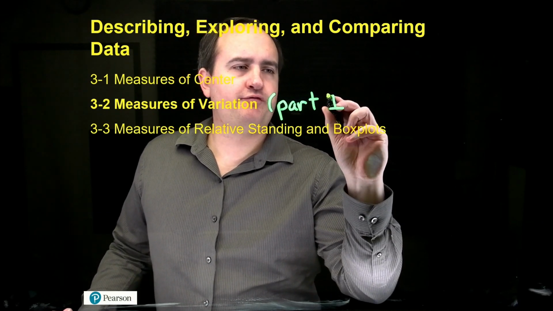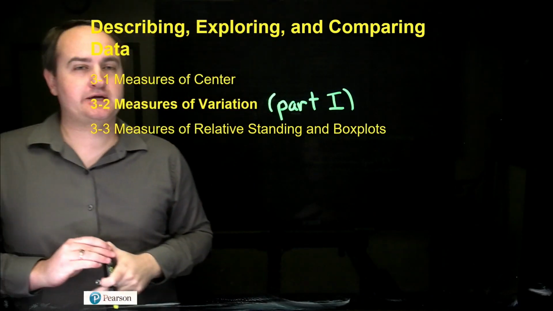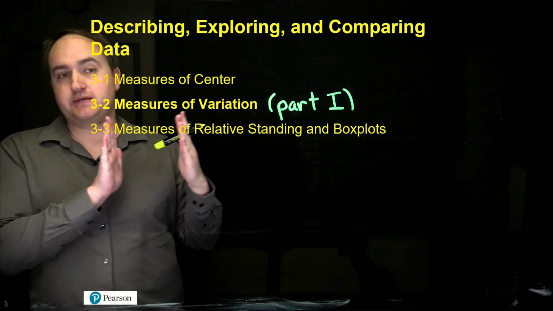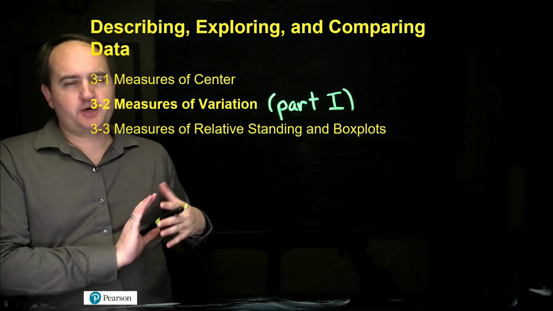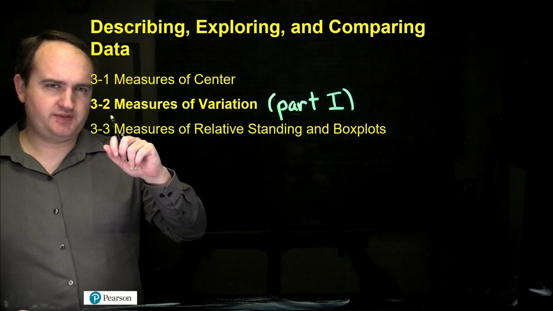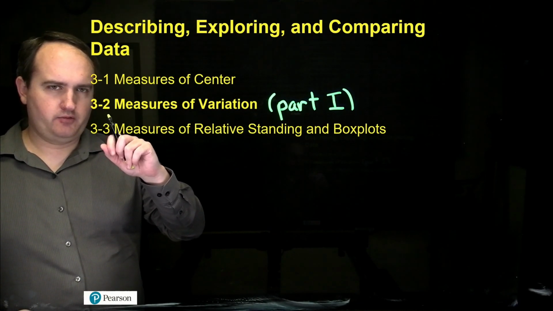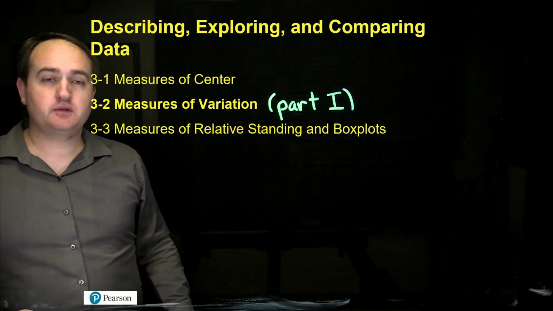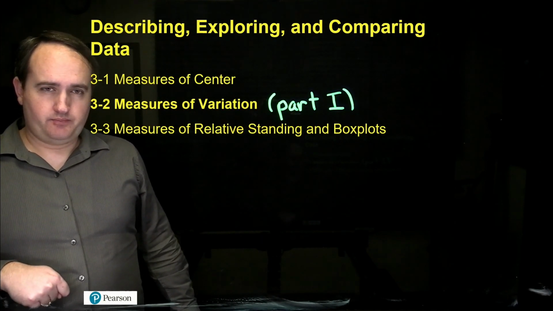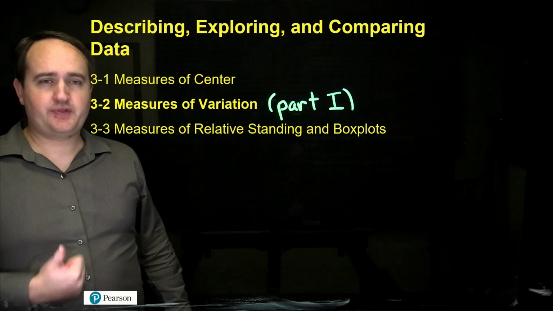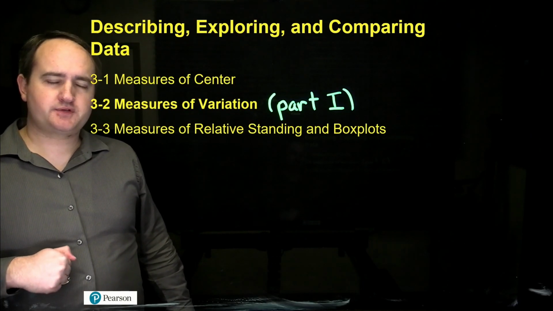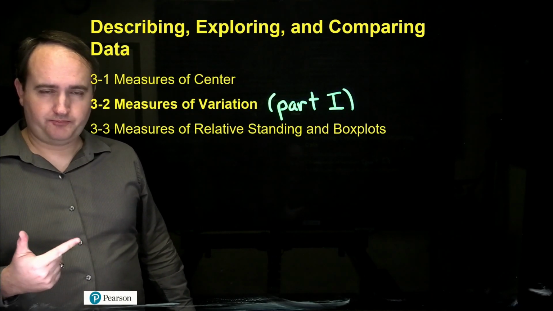This is the first video covering section 3.2 because it is a big section. Now in part 2, I'm going to cover the rest of the PowerPoint slides for section 3.2. So we're going to be learning about the range rule of thumb, and then we'll also be learning about the empirical rule.